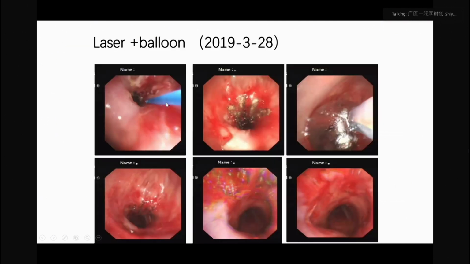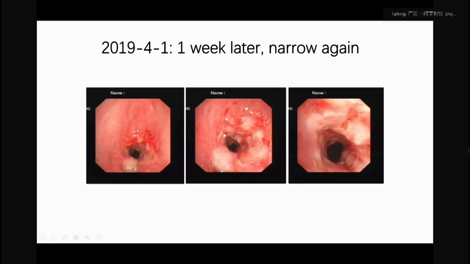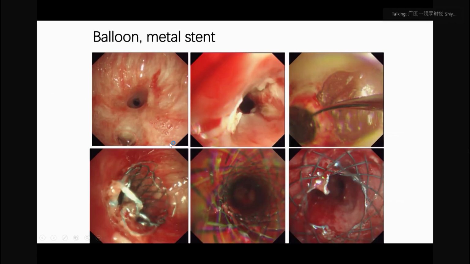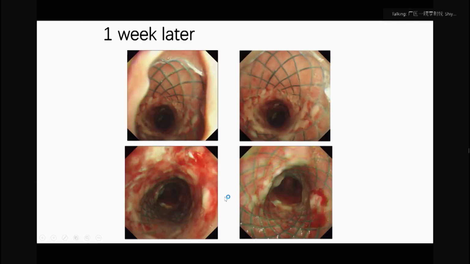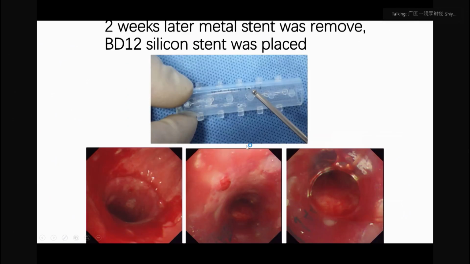And then we use, as a routine procedure, the laser and balloon, but 1 week later the stenosis narrowed again, and then we used the balloon and metal stent. And 1 week later, we removed the metal stent and put in a silicone stent with a diameter of 12 millimeters.